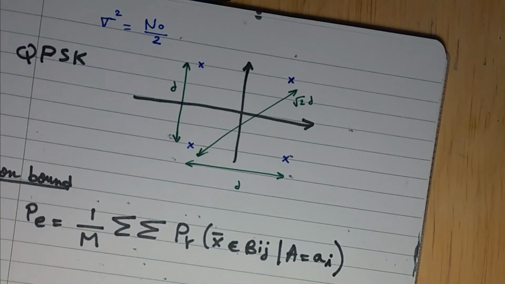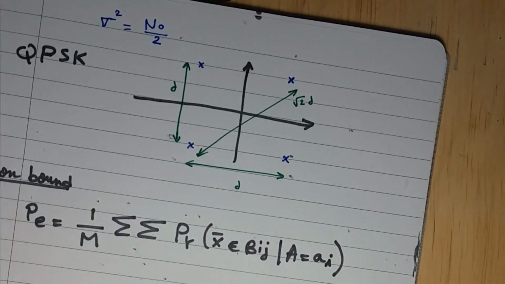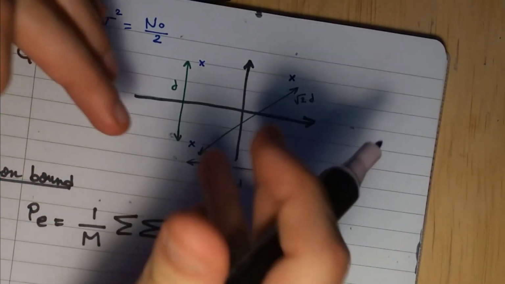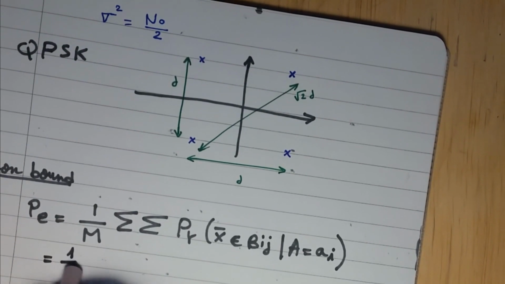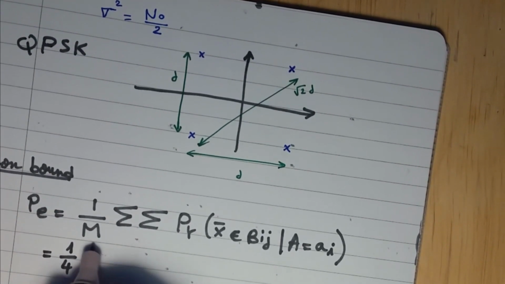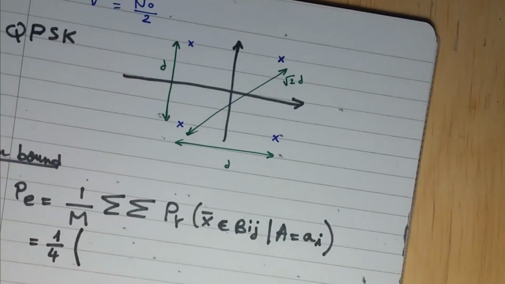It looks complicated, but it's really not, and using this rule, you can find everything you want. So M is the number of points. We have in quadrature phase shift keying 4 points, obviously.